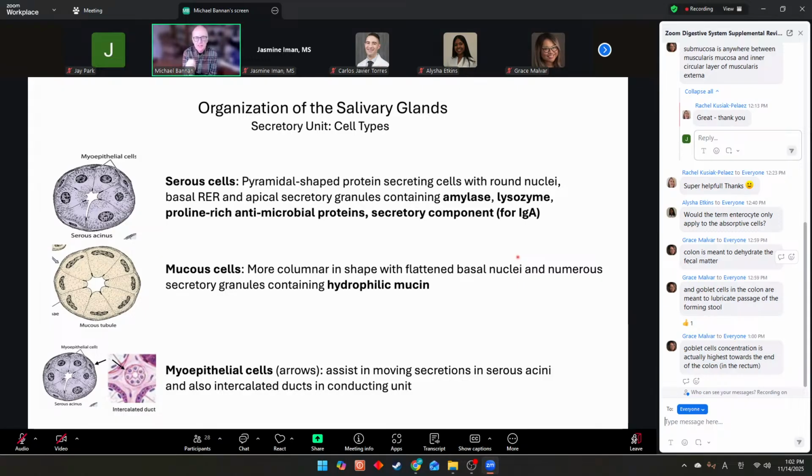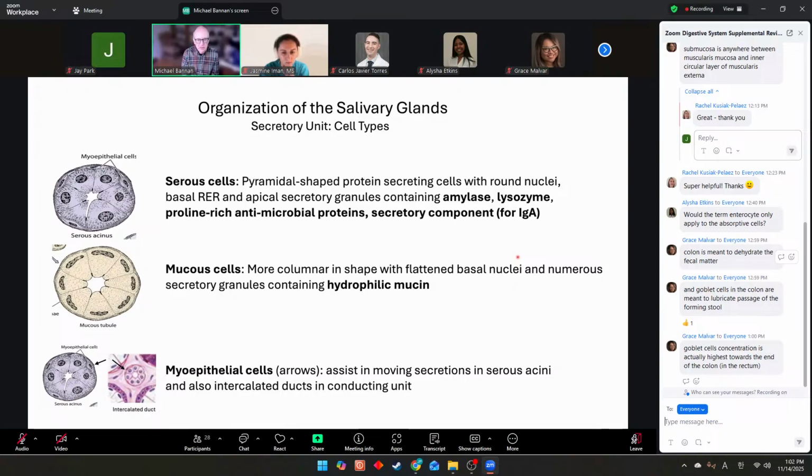There are two basic cells that produce secretion. The serous cells, which are pyramidal-shaped protein-secreting cells with round nuclei, basal rough endoplasmic reticulum, and apical secretory granules. The secretory granules of these serous cells generally contain amylase, lysozyme, a proline-rich antimicrobial protein, and the secretory component for IgA.